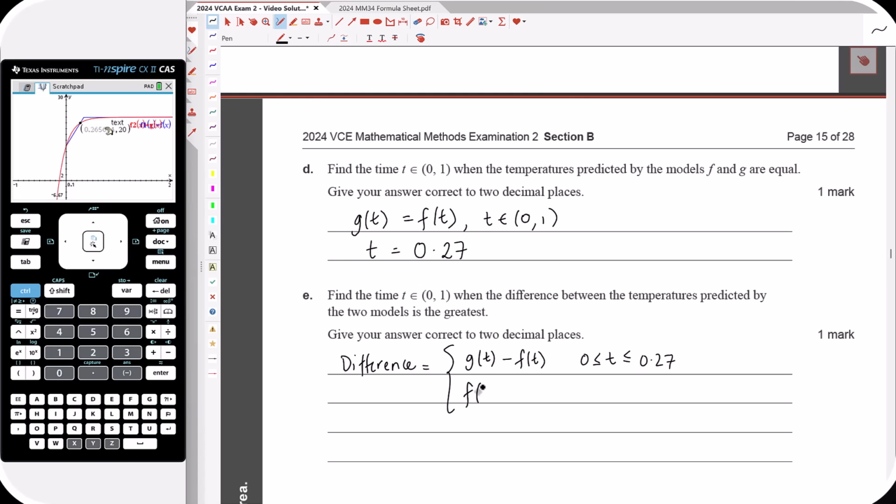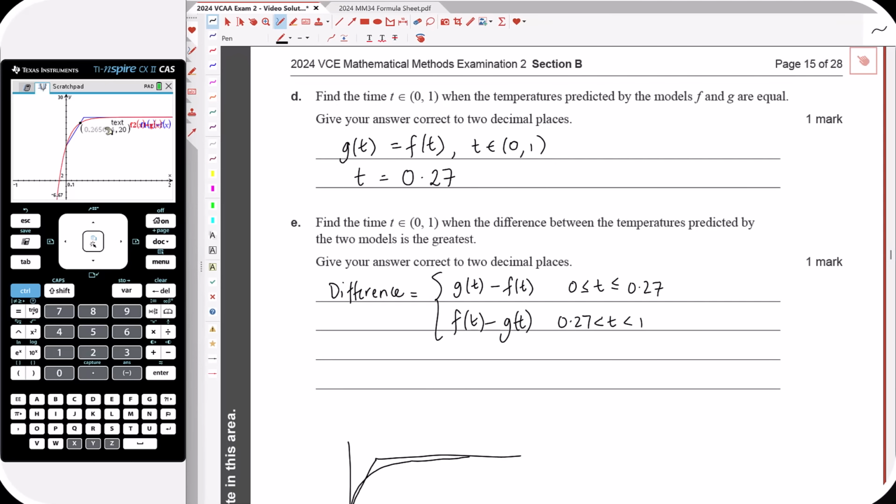And it is f of t minus g of t when t is greater than, actually given this domain, when t is between 0.27 and 1. Okay. So we need to think about those greatest differences.